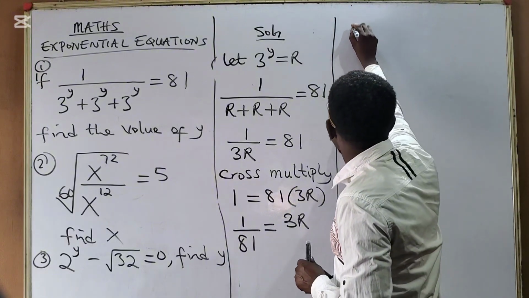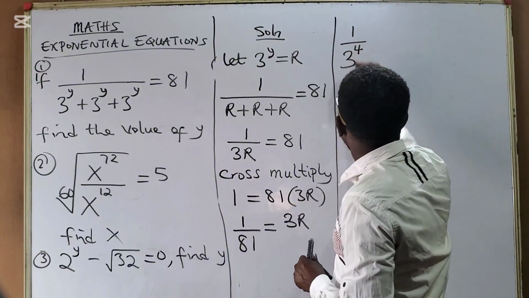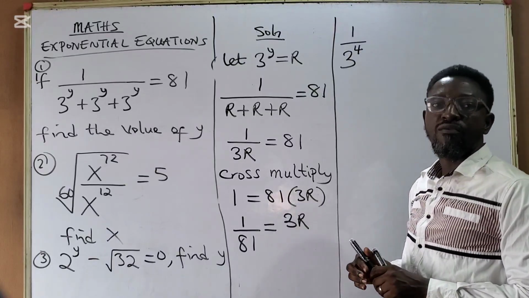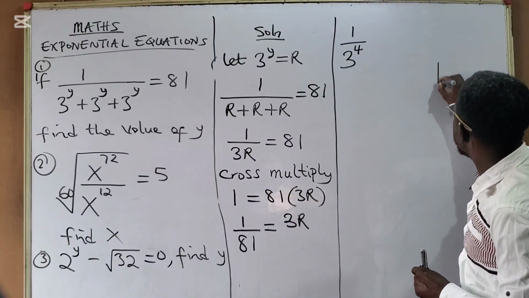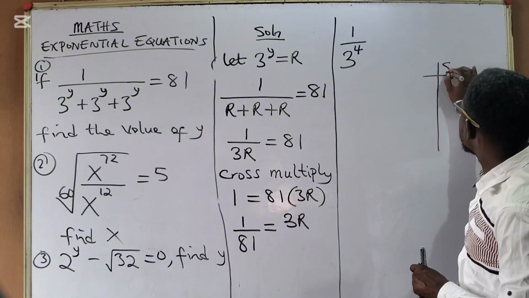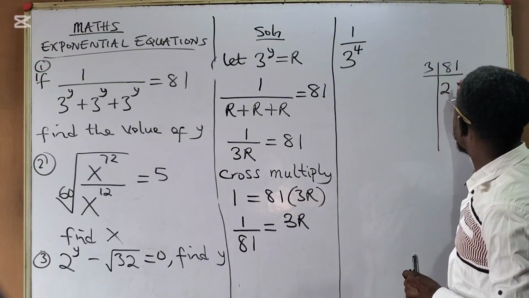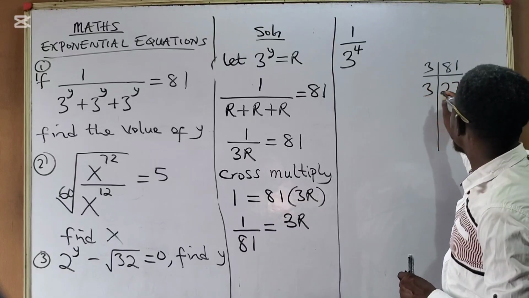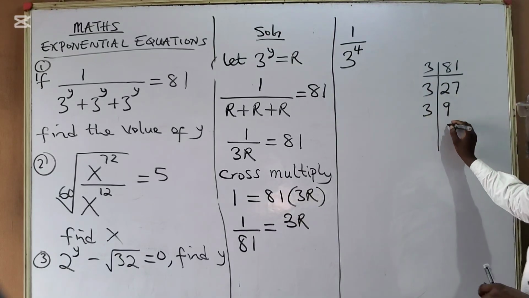Now 81, we can write 81 as 3 raised to power 4. And how did I get 3 raised to power 4? Let's divide this. 81 divided by 3 will give us 27. 27 divided by 3 is 9. 9 divided by 3 again is 3.